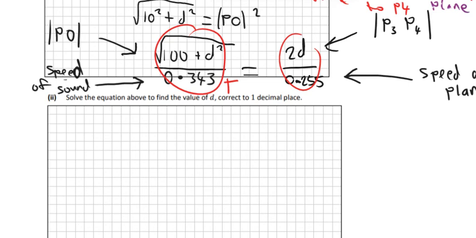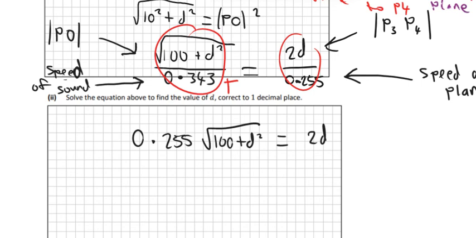So 0.255 root 100 plus d squared is equal to 2d times 0.343. So let's square both sides just to get rid of the square root.